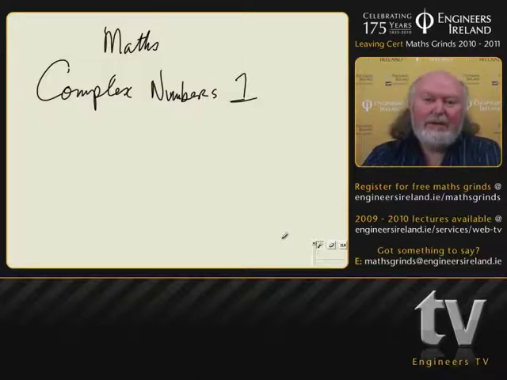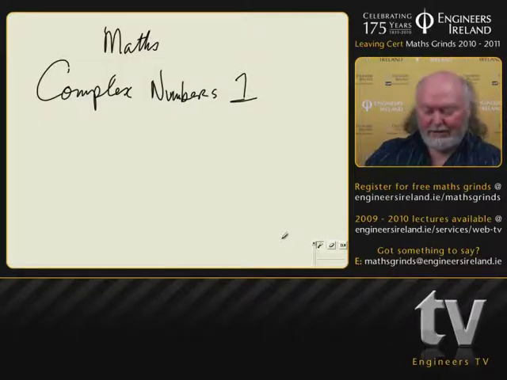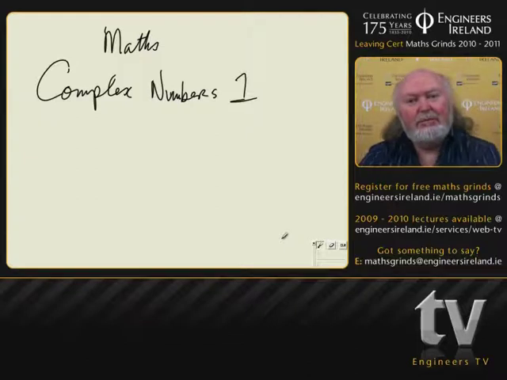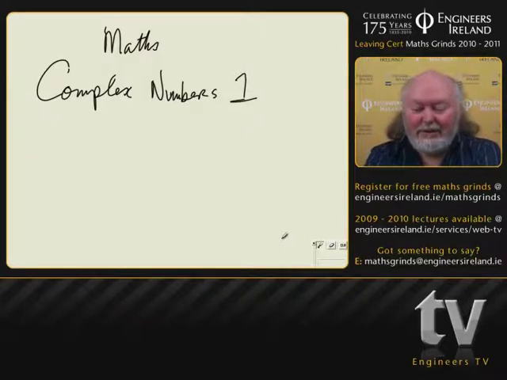Okay, what is it that makes a number a complex number and has other ones being called real numbers? Now it sounds like it's a much nicer club to belong to, the real club rather than the complex club. So where's the difference?